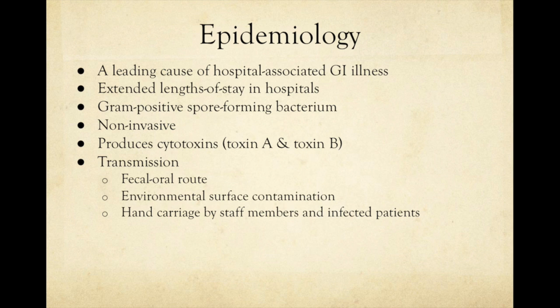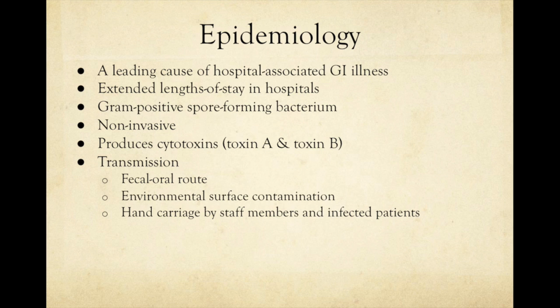As far as the epidemiology of Clostridium difficile, it is a gram-positive spore-forming bacterium that usually spreads via the fecal-oral route. It is non-invasive and produces toxins A and B, which are what cause the disease.